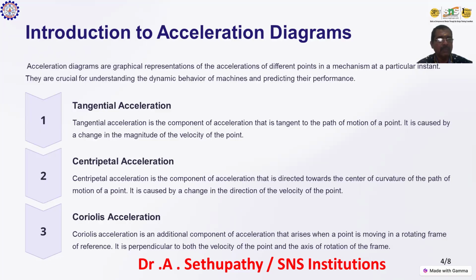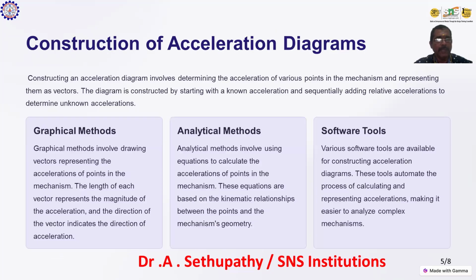The third one is Coriolis acceleration. We mostly use the tangential and angular accelerations in the diagrams. So how will the acceleration diagram be constructed? In graphical methods, the acceleration diagram is used to find the angular acceleration in each link first, and then the angular acceleration is used to draw a parallel line along the fixed links.